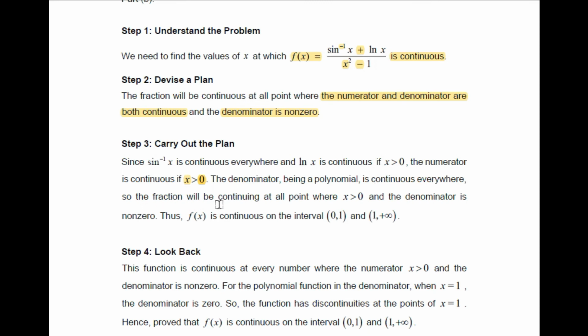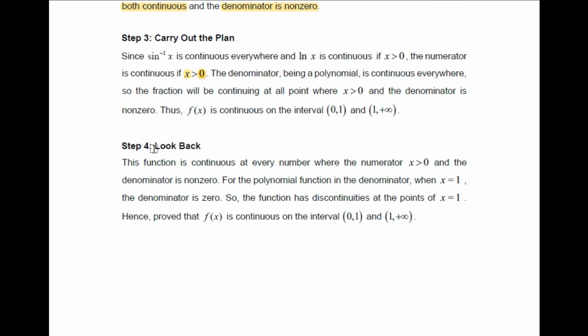So the fraction will be continuous at all points where x is more than 0 and the denominator is non-zero. Thus, f(x) is continuous on the intervals (0, 1) and (1, ∞).